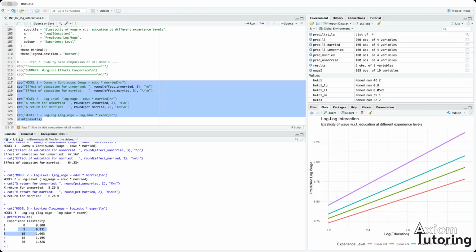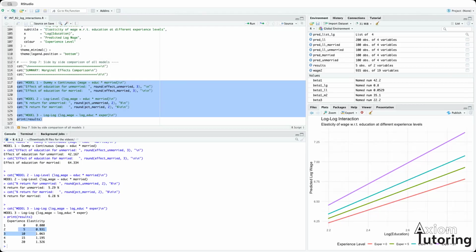The only thing that never changes is the underlying structure all throughout of this. Okay. The other thing that you might want to keep in mind is that log interaction models basically are following the same syntax as the linear ones. The only difference is that now you have to be the one that is aware which of the models you're using in order to do the interpretation of the effects.